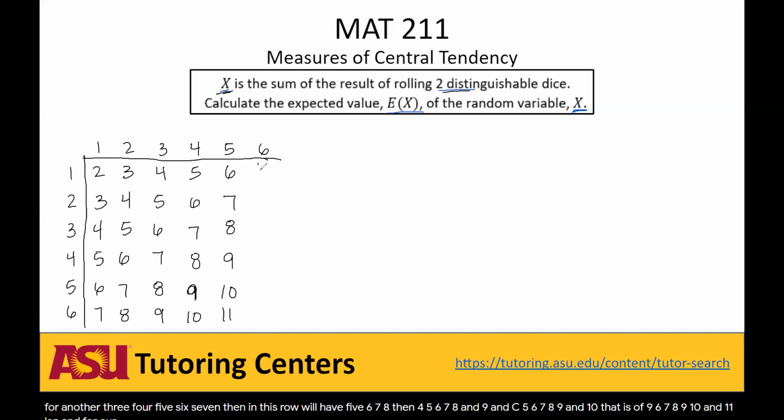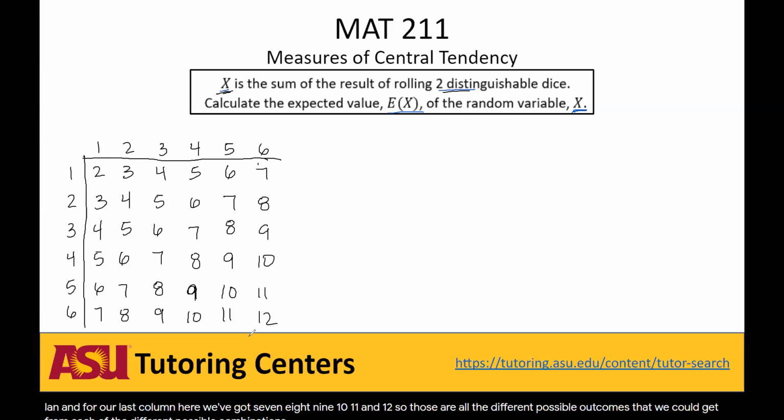And for our last column here, we've got 7, 8, 9, 10, 11, and 12. So those are all the different possible outcomes that we could get from each of the different possible combinations of our two die. So now we want to calculate our table of all of our different possible outcomes.